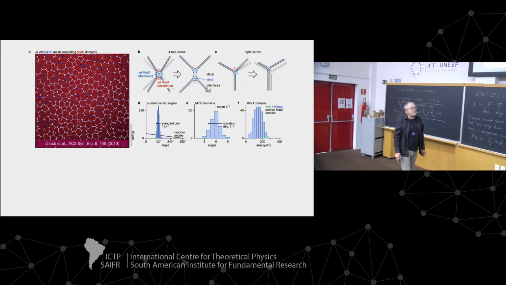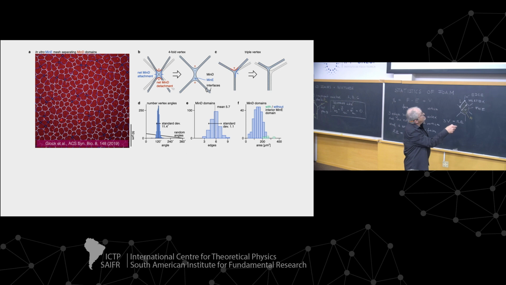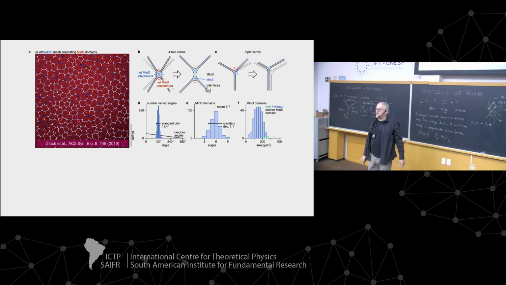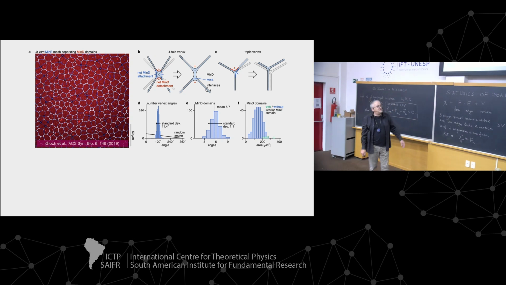This seems to be something that matches. Then you can also do the counting of the number of edges that you have in this foam-like structure. And indeed, this is centering around the mean, which is 5.7. That's quite close to 6. Again, check. This is one of the laws that I showed you for a foam, and it's just dictated by the topology.